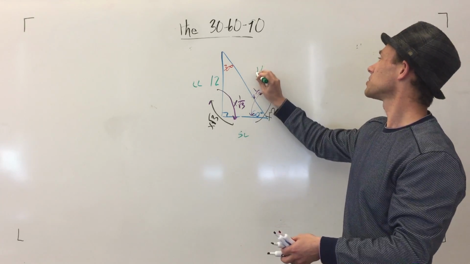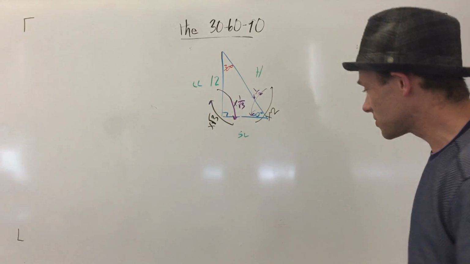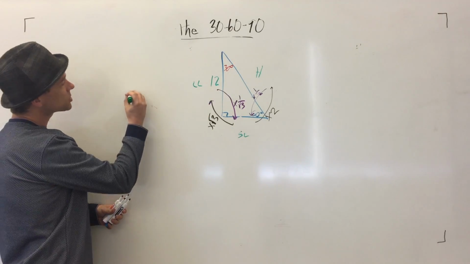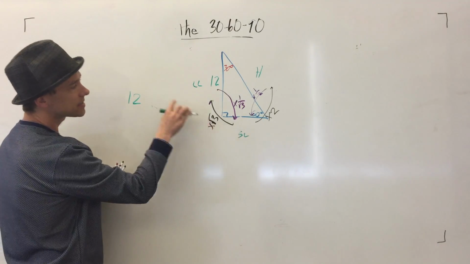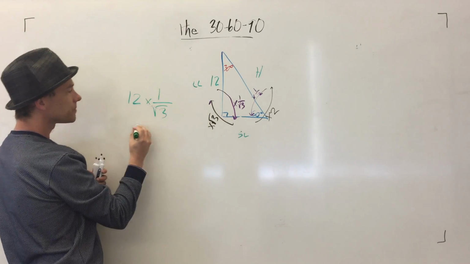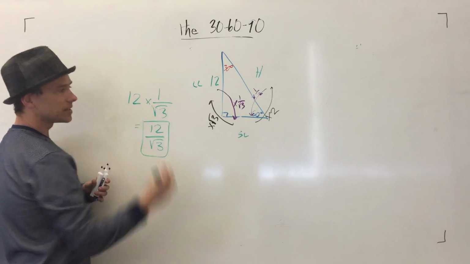I would just write H, so I'm getting zoned in on what the hypotenuse is. So now what you could think is that this must be 12 times 1 over √3, which is 12 over √3. Done.